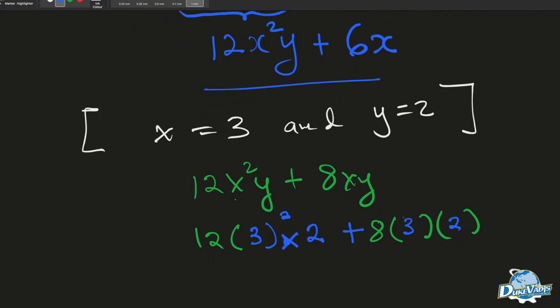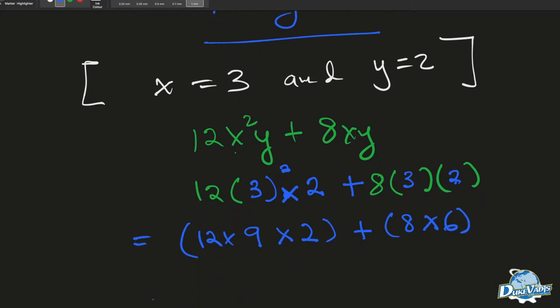Okay, you can put the bracket sign, or you can use the times to do the calculation. Now when we do it, we are going to have 12 times 3 squared, which is 9, times 2, all in brackets, plus 8, 3 times 2 is 6. So times 6.